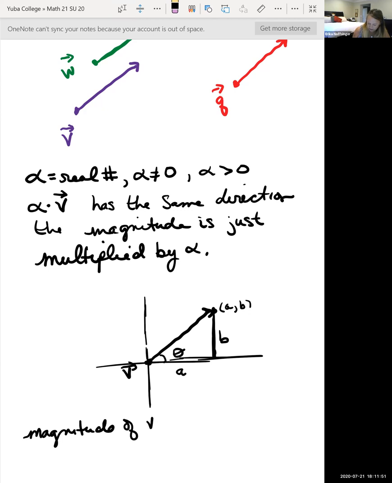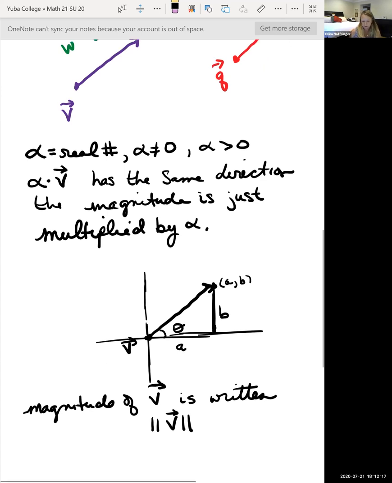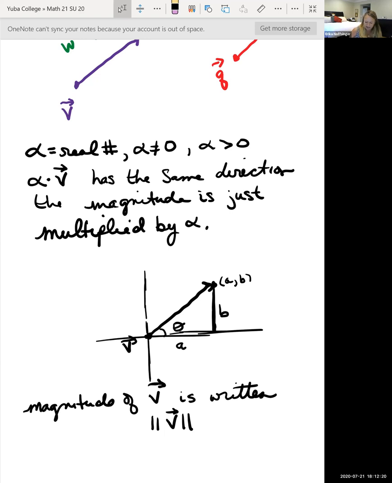So magnitude of vector V, which I'm just going to write as V with a vector, is written with a double bar and then vector V. Kind of like absolute values, but two vertical lines instead of one. And so we can say that this is the same thing as the Pythagorean theorem, square root of a squared plus b squared.